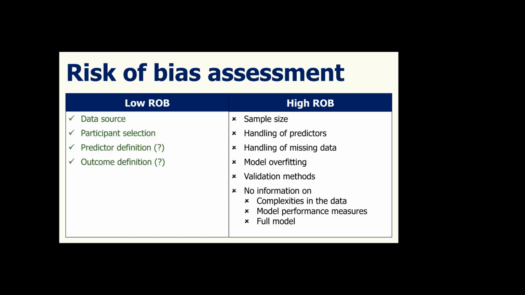In terms of low risk of bias, the data source we found was appropriate for the development of these models and for their validation. And participant selection was also often, we found, appropriate. So there's a low risk of bias there. Where it came to predictor definition and outcome definition, we found that that was slightly better defined in my review, so the Oxford one around cancer, that was cancer specific.